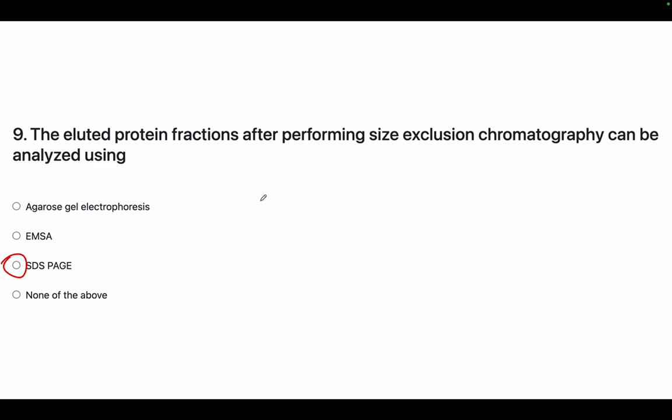So what I would expect is, okay, I have some peak like this. I have collected fractions, right? Maybe after every 0.5 ml of elution, I have collected a fraction. So this is one fraction, this is one fraction, and so on.